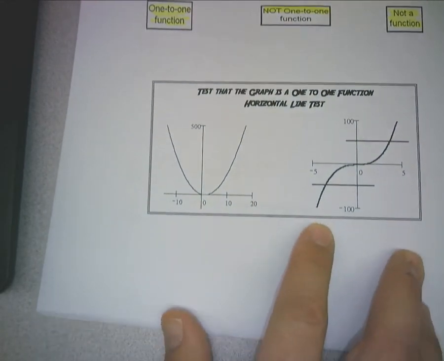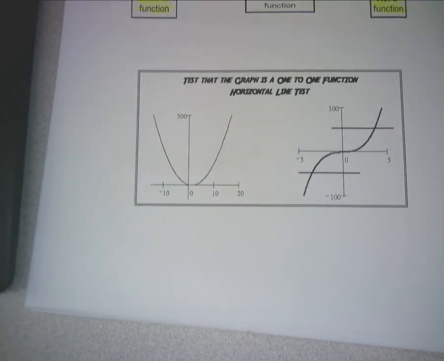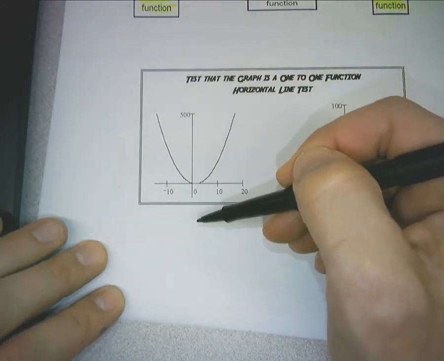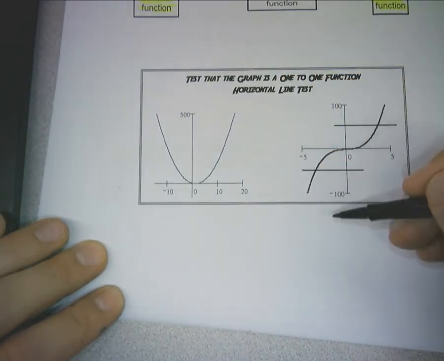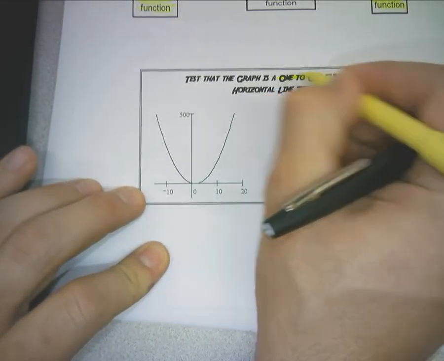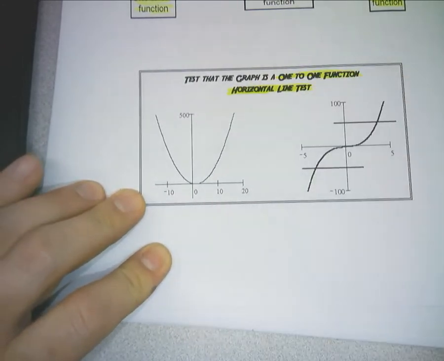All right, so visually, what's going on here, there's a test for us to do to see if it's a function. We know the vertical line test. For every x, there's only one y, so we use the vertical line test. These are both functions. But now if I want to do a one-to-one function, we do the horizontal line test, okay?